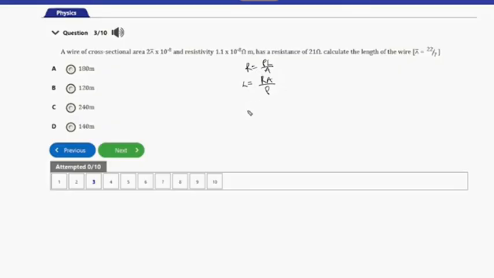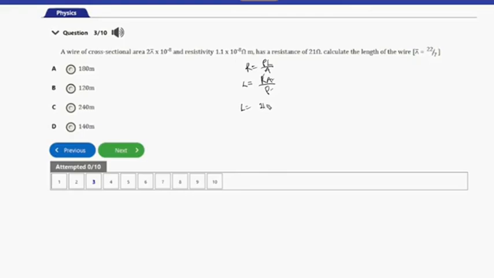So guys, in order for us to calculate this, we are going to input the value for each of these. Resistivity is given here, and the cross-sectional area as well is given. As well, the resistance is also given. So we are going to plug all these things in, and then we'll get the length of the wire.